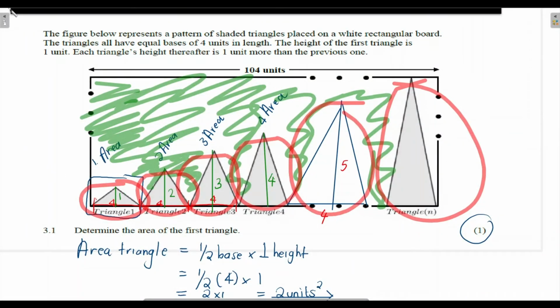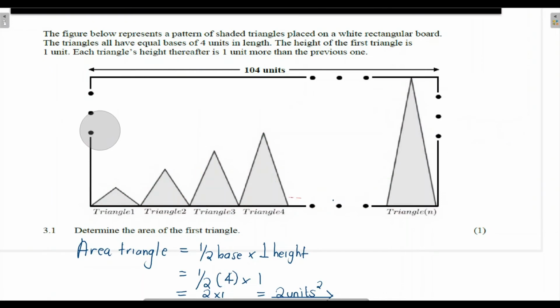And the 26th triangle has a particular height, right? So we need to first calculate what that height is, okay? And then once we get that height, we'll be able to get what the area is for the whiteboard, okay? And once we've got the area of the whiteboard, then we can continue from there.